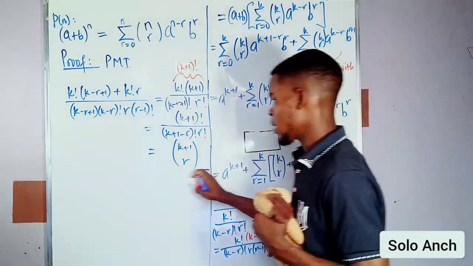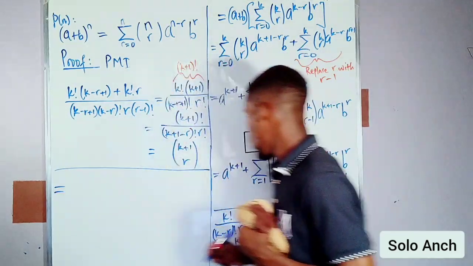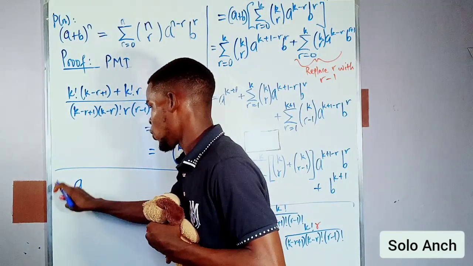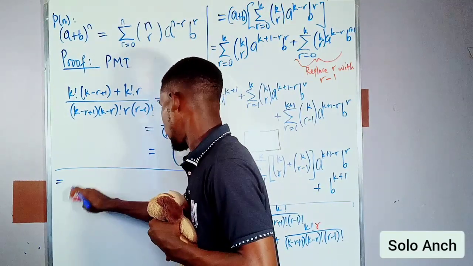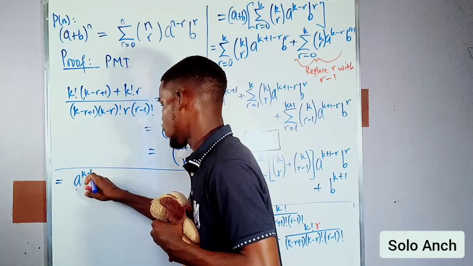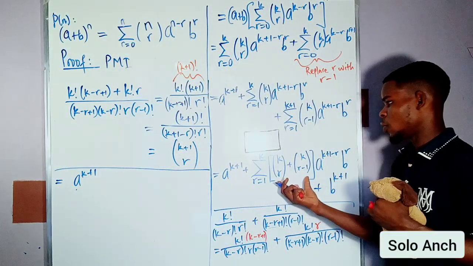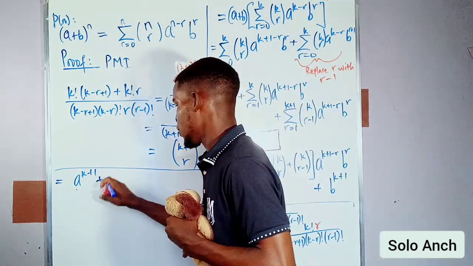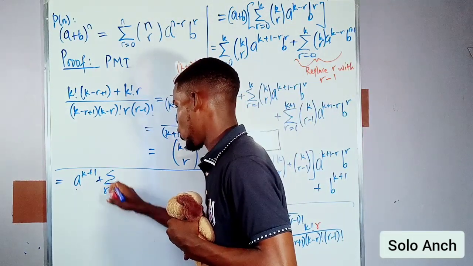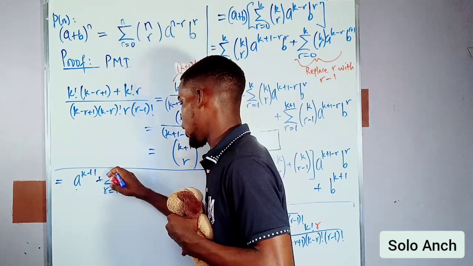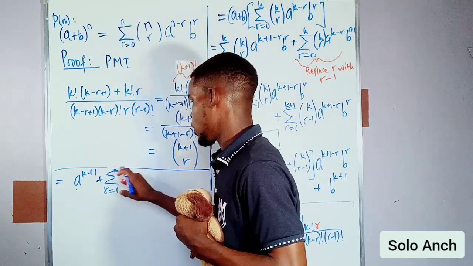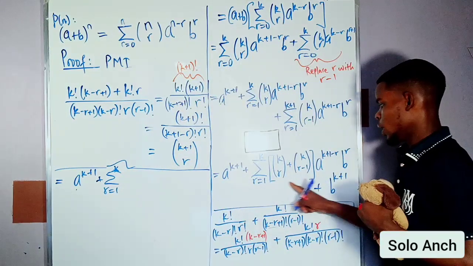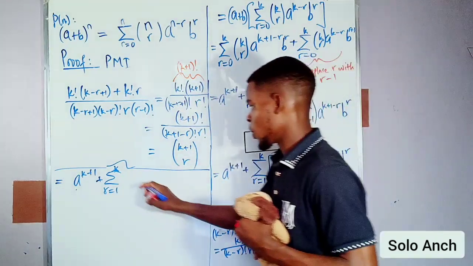So that sum will now become, well, let's put the first thing we have here, that will be a raised to the power of k plus 1. So let me put it out here, a raised to the power of k plus 1. So we're going to write this sum, but replacing this right here with that because we've shown that that's what it is. So that will be the sum as r starts from 1 up to k, of this term added to give us that.